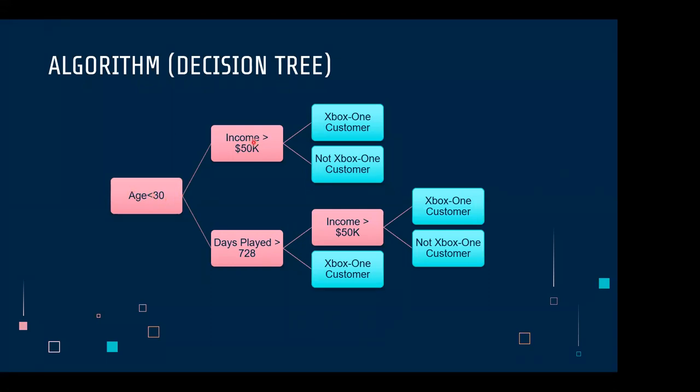If yes, is income less than $50K? Based on different conditions, it comes to an end result. So that is an algorithm, right?